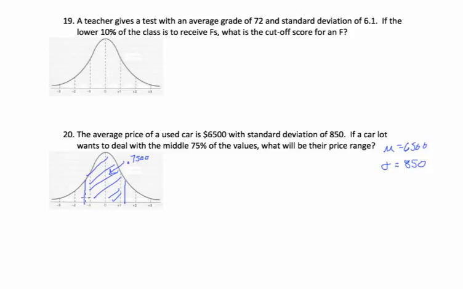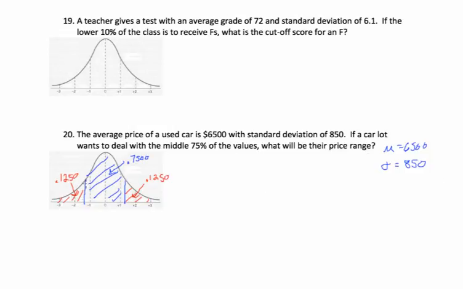That means I've got 25% split up between these two tails. So to figure out how much is in each tail, I take 25% or 0.25 divided by 2. That's 0.1250. That's going to be the area in each of the tails. If I add up 0.1250 plus 0.75 plus 0.1250, I'll get 100% of the area.